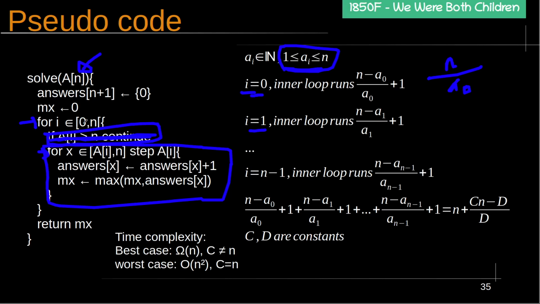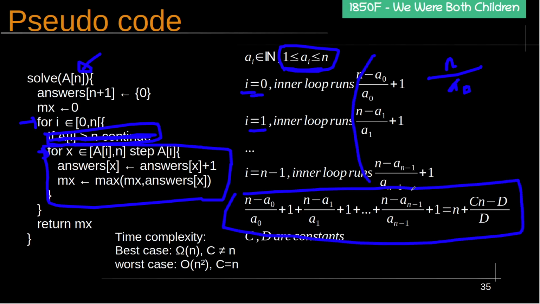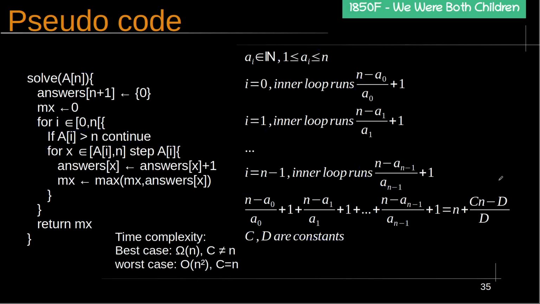So the overall time complexity will be the sum of all these values. Let's say that this sum gives me this formula where C and D are constants.